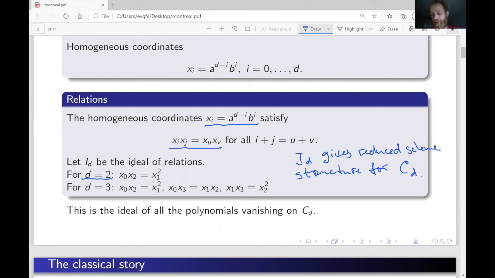But this is just a fancy way of saying that the ideal of relations, all the polynomials vanishing on the Veronese curve in C^D, is generated by this set of quadratic polynomials.